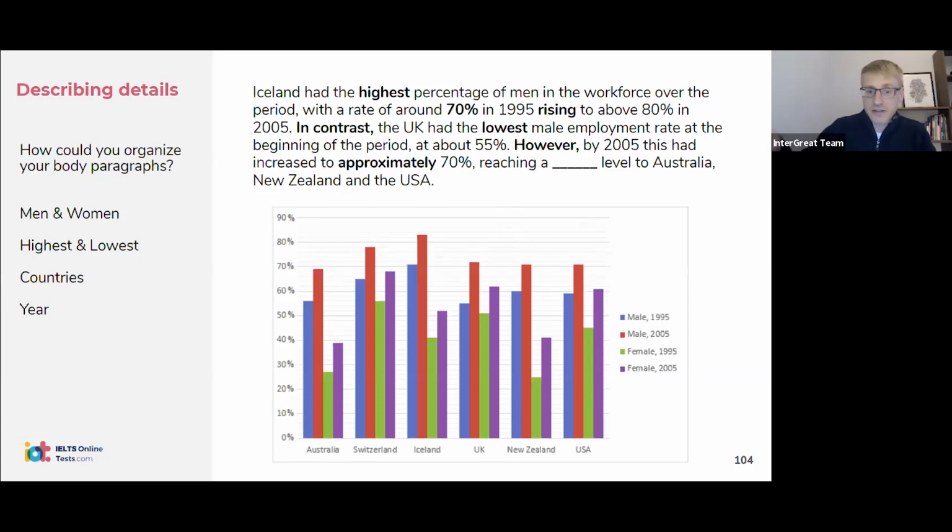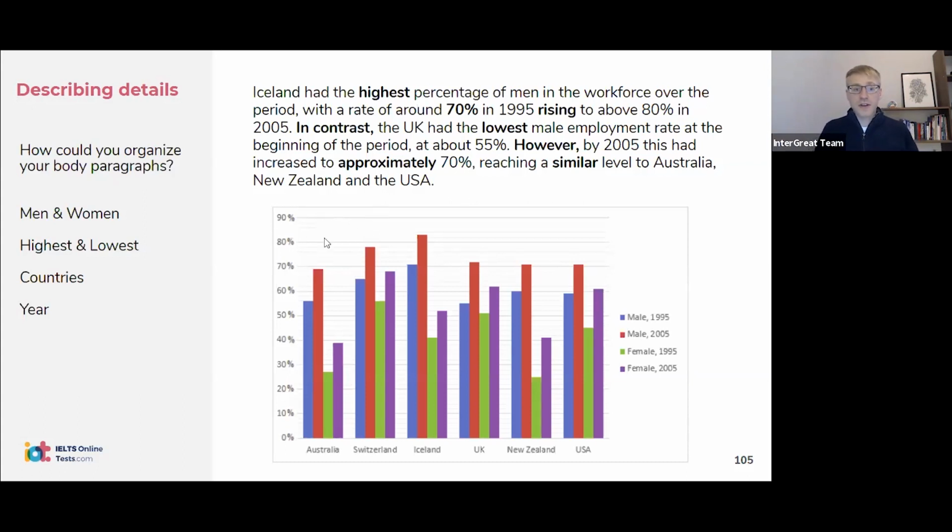So we can say reaching a similar, very good, similar level to Australia, New Zealand, and the UK. So we focused on the highest, we focused on the lowest, and in the last sentence, we've brought in the other 3 countries as well to mention them.